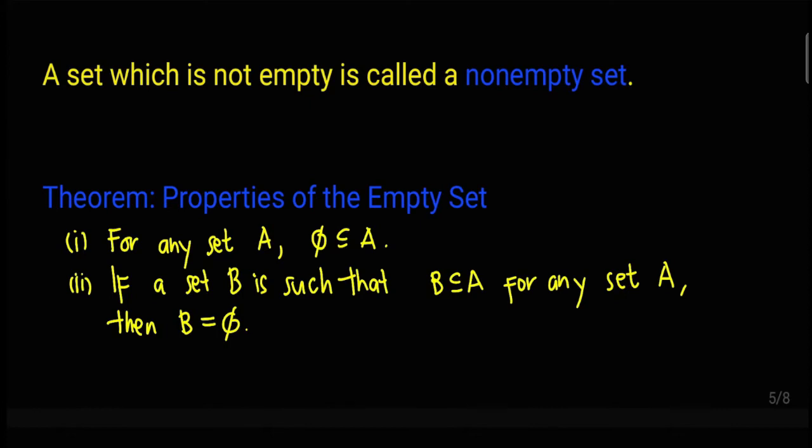So if we remove all the elements of A, you're just left with the empty set. Now, on the other hand, if a set B is such that B is a subset of A for any set A, then B is empty. So this means that the empty set is indeed unique. There is only one set which contains no element, and that's the empty set.